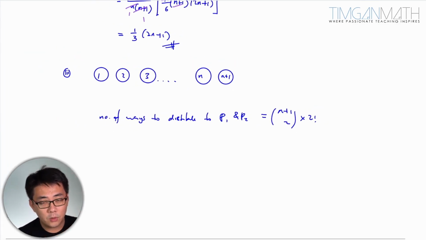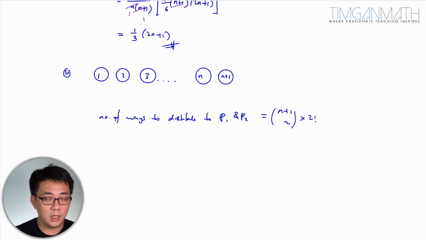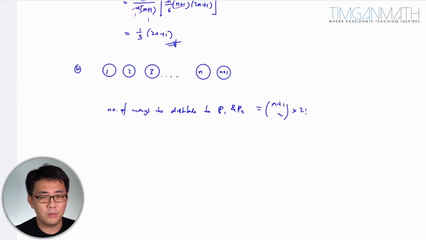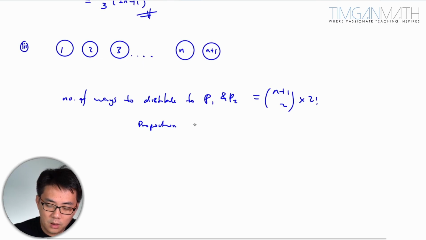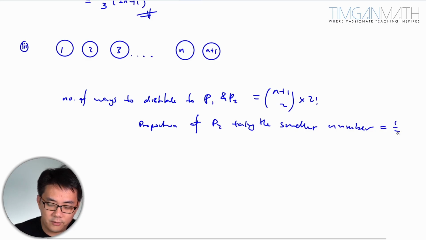Now if you take two numbers, definitely one will be bigger and the other will be smaller, right? So the proportion of P2 taking the smaller number is actually half, because there is equal chance.